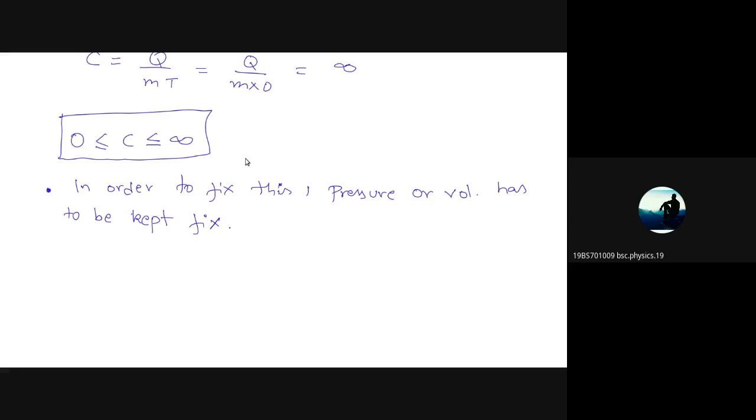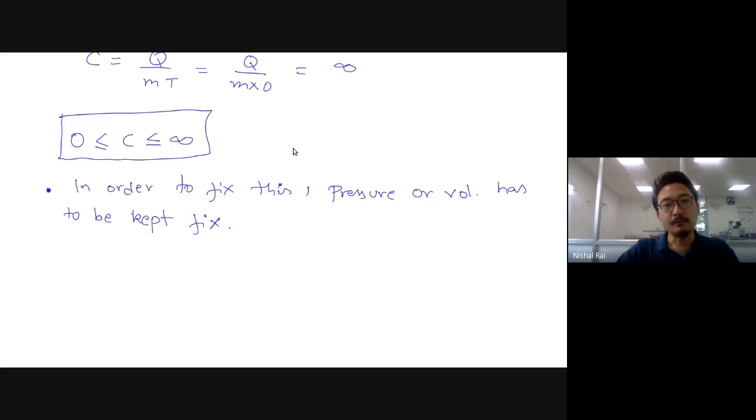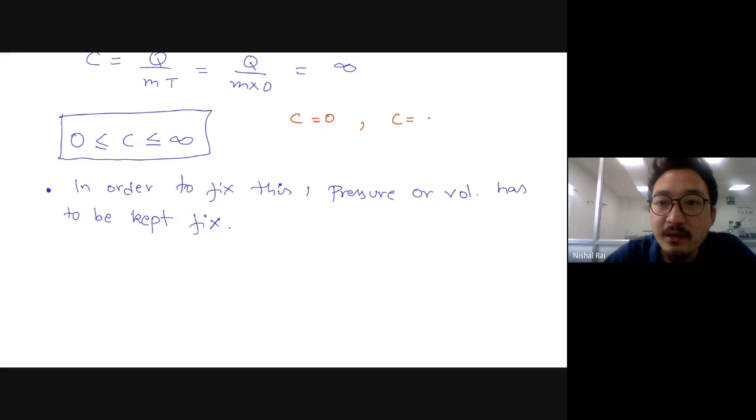Actually, the answer is very simple. Just listen carefully. Sometimes you are getting the specific heat of a gas to be 0, and sometimes you are getting the specific heat to be infinity, which means sometimes you can also get the specific heat of the gas to be 1 or 2 or 3.